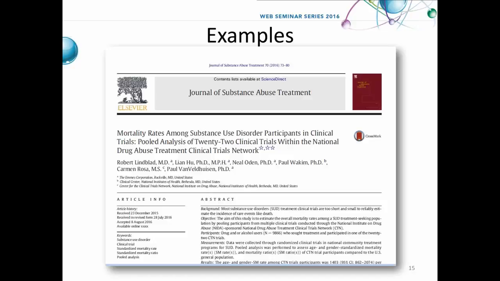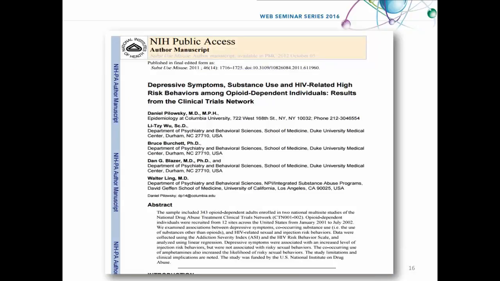I'll show you a couple of other examples. In this next one, the authors pulled data from two studies, CTN 001 and CTN 002. Both of them use similar assessments, and the particular measures the authors were interested in are the Addiction Severity Index and the HIV Risk Behavior Scale.